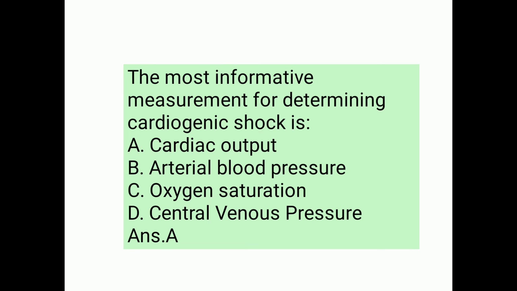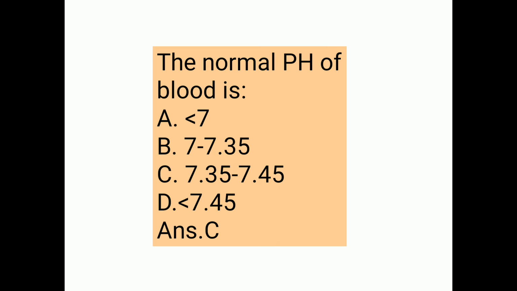Next question. The most informative measurement for determining cardiogenic shock is? Options are: cardiac output, arterial blood pressure, oxygen saturation, central venous pressure. The correct answer is option A, cardiac output.